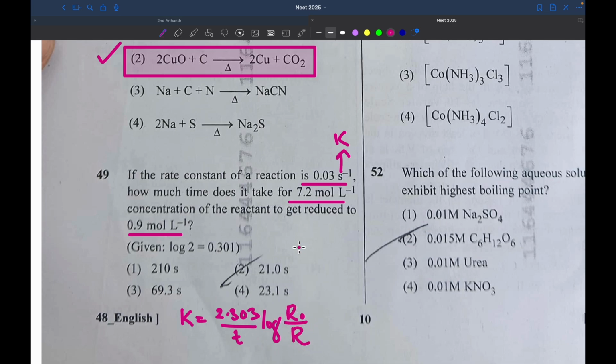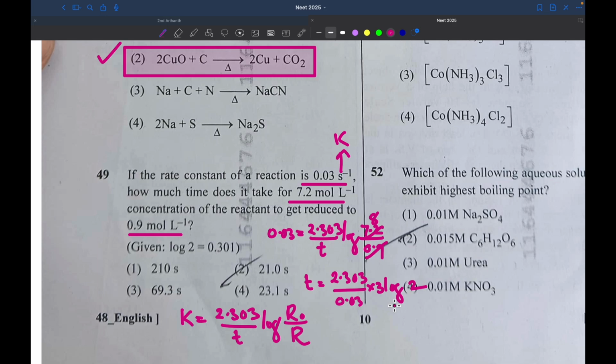So we are given k, so 0.03 equals 2.303 by t, where time should be calculated, log 7.2 by 0.9. So this goes 8 times. So t equals 2.303 over 0.03 into log 8, which can be written as 3 log 2.